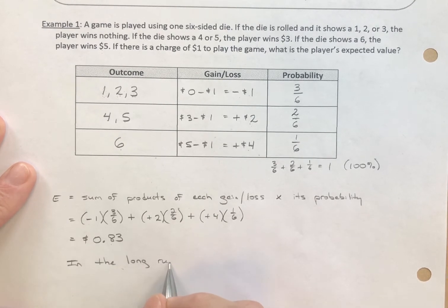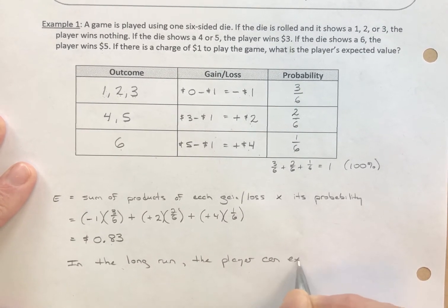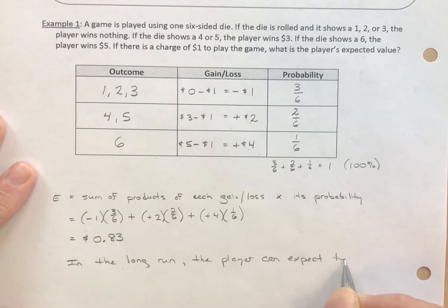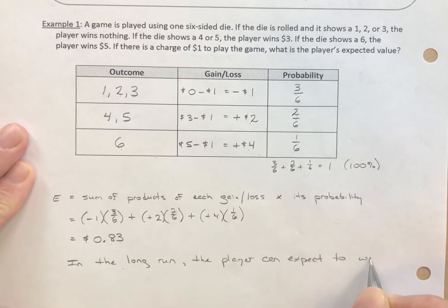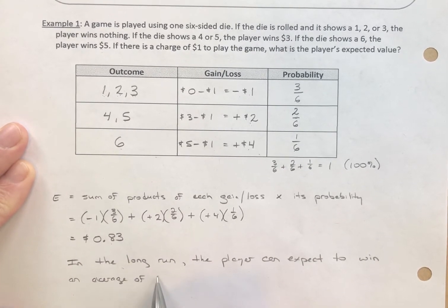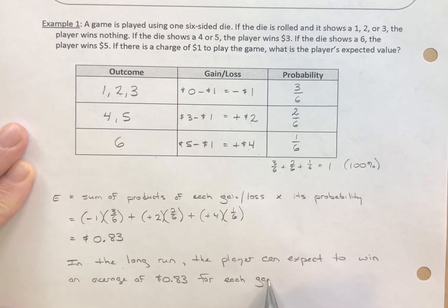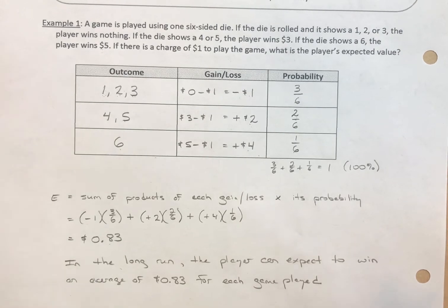In the long run, the player, you, can expect to win an average of, and I used the dollar notation, that's 83 cents for each game played. Now, is this a good game for you?